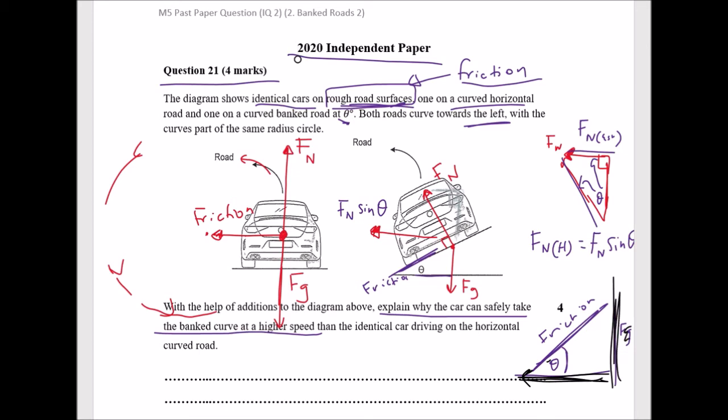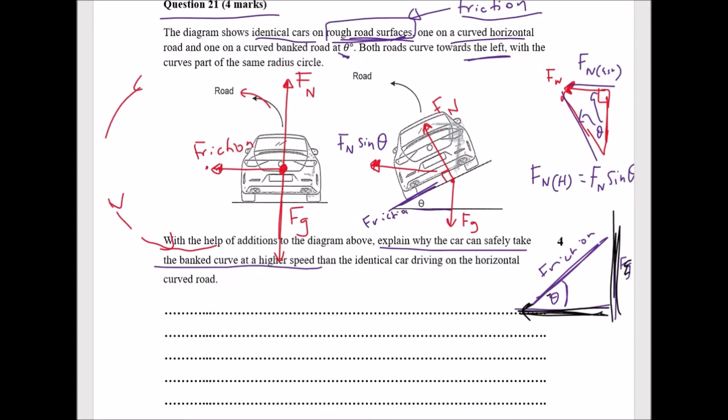If I'm trying to write it out, the horizontal friction component is friction times cos theta.